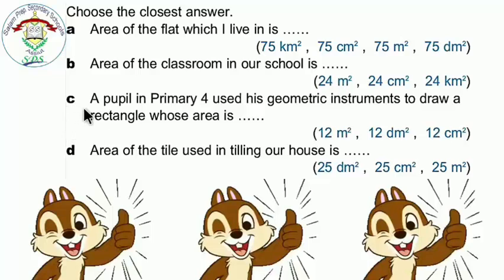The third one, a pupil in primary 4 used geometric instruments to draw a rectangle whose area is... I remember drawing a rectangle with the ruler. The measure on the ruler is centimeter, so the area of the rectangle will be in square centimeter. The answer will be 12 square centimeter.